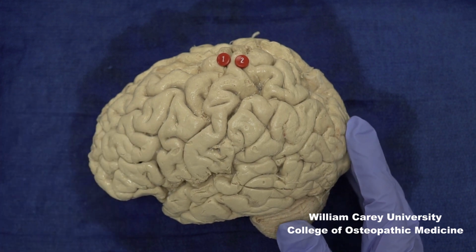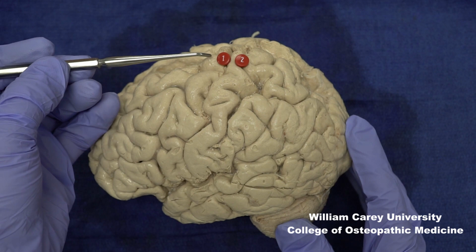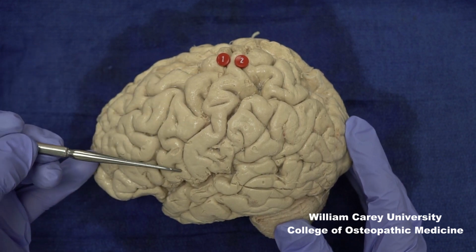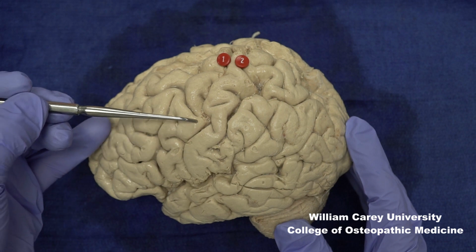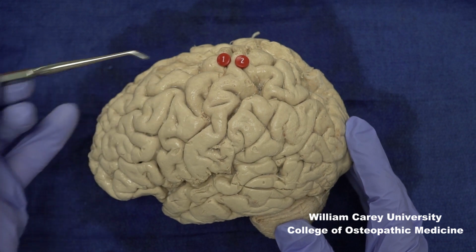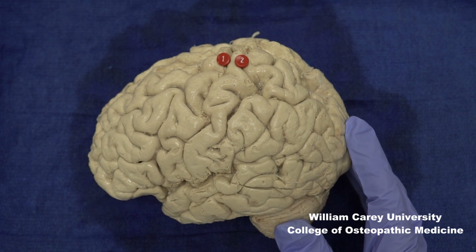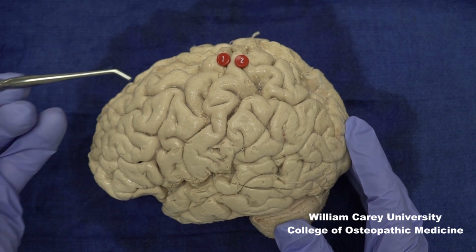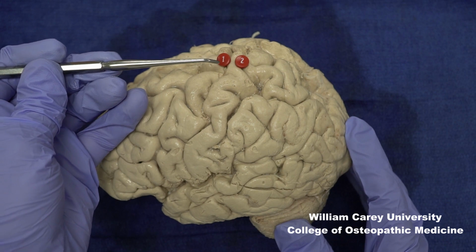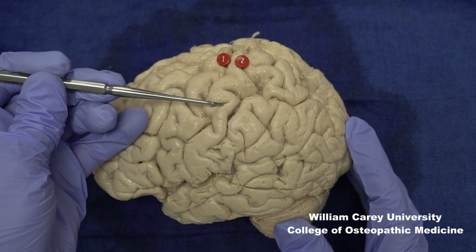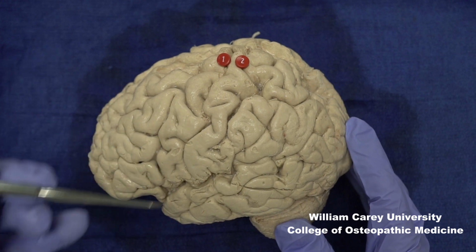to show us the localization of precentral gyrus first, which we identify as the primary motor cortex, and then moving to the post-central gyrus. This is the territory of the primary somatosensory cortex.